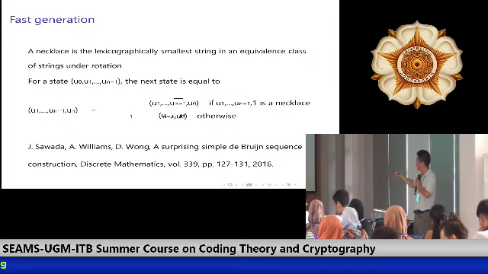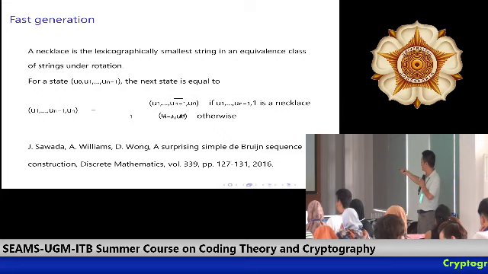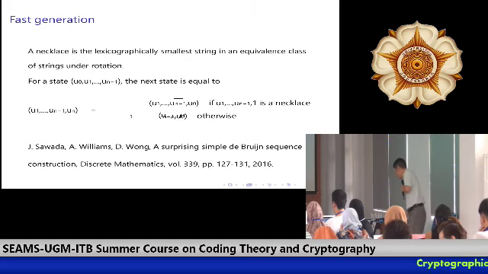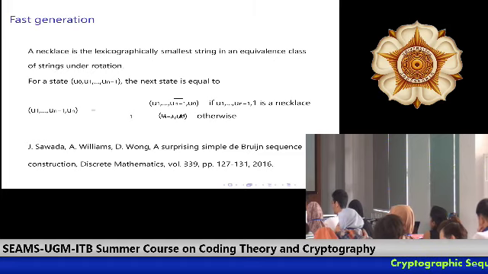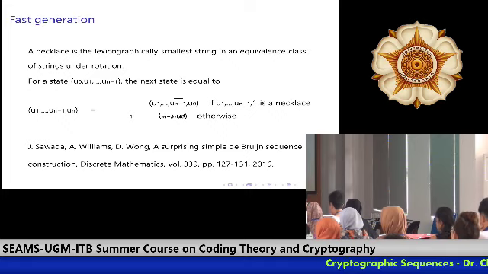Firstly, we define the necklace. A necklace is a string containing all its rotations, and we consider the least one. For example, we take this 0 1 1 0. We can take, by shift, 4 distinct states: 0 1 1 0, 1 1 0 0, 1 0 0 1.